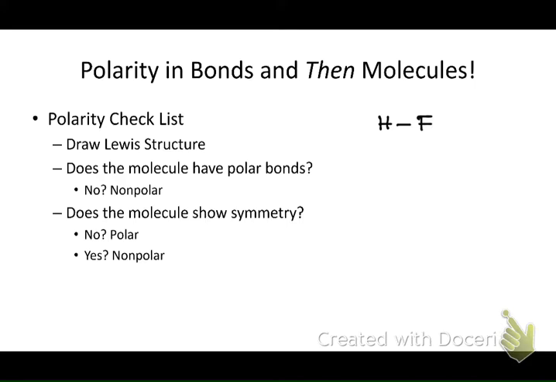Or HCl, those are also polar. If you want to know whether the molecule's polar, there's only one bond, so that has to be polar. This side's dipole's going like that. This one, the dipole's going like that. But if the molecule has more than one bond in it, you have to consider the shape.